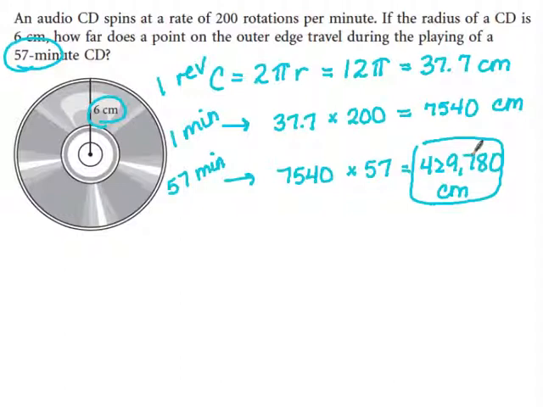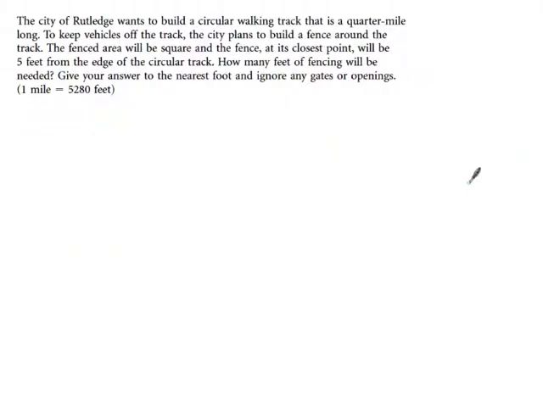Questions? Now, obviously, each problem is going to be different, and you're going to have to adapt based on what you're given. Let's look at one more. The city of Rutledge wants to build a circular walking track that is a 1/4 mile long. So it's in a circle, okay, not an oval.